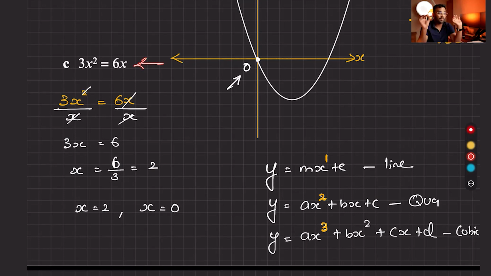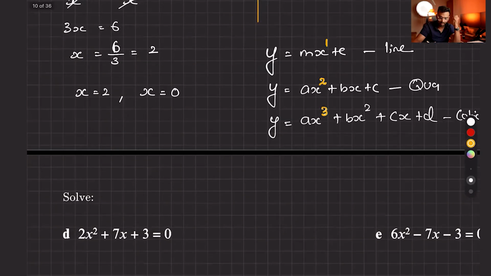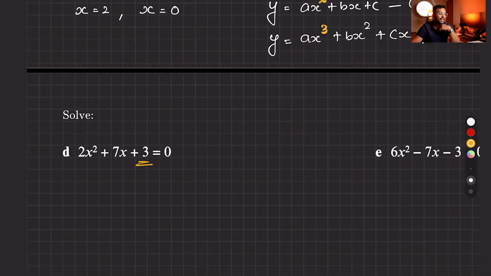A constant is a number, like you see there, C, it's just a number on its own. I'll show you a constant. Do you see this 3 here? That is a constant. Is that okay? I believe I have answered all the questions.